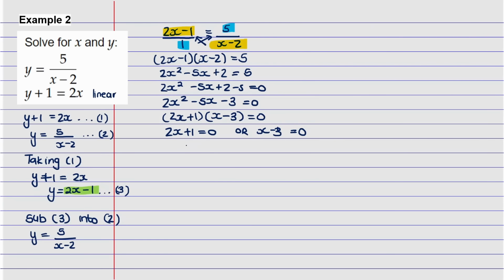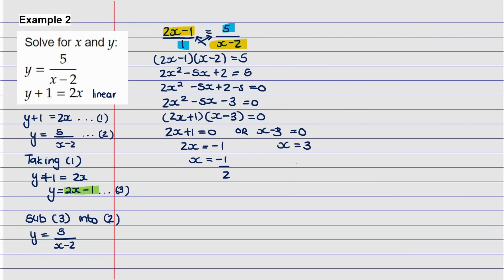For 2x, take the 1 to the other side, so it's negative 1, and divide both sides by 2, so x equals negative 1 over 2. For the other side, x equals positive 3. So x equals negative a half, and the other one equals 3.